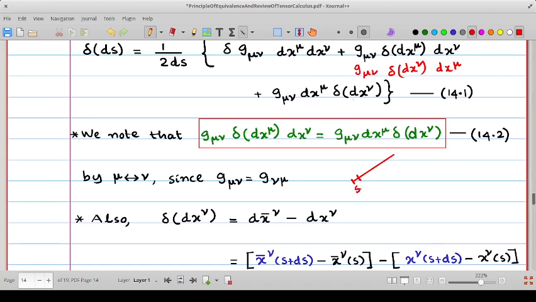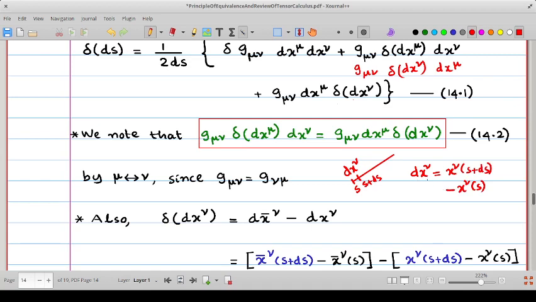So if this corresponds to a value s of the interval and this to s plus ds, then dx nu, the change in the coordinate between these 2 points, which are parameterized by s and s plus ds, is given by dx nu is equal to x nu at s plus ds minus x nu at s.